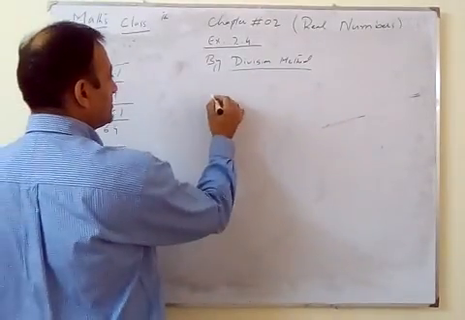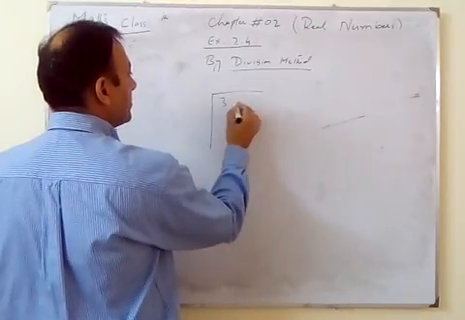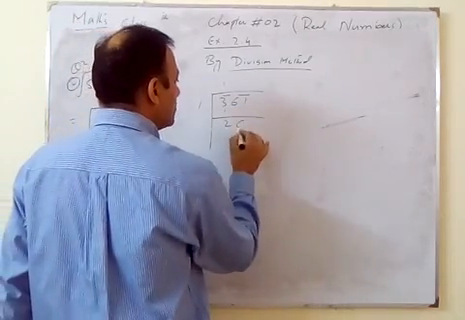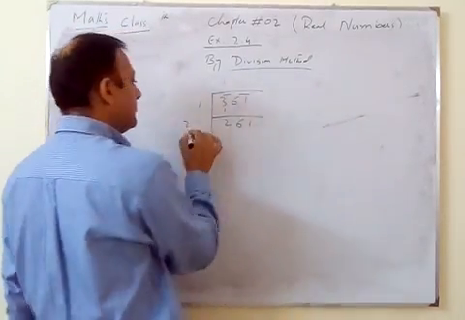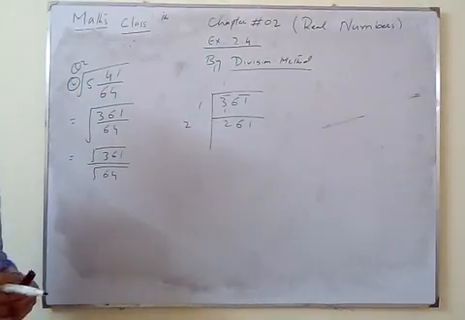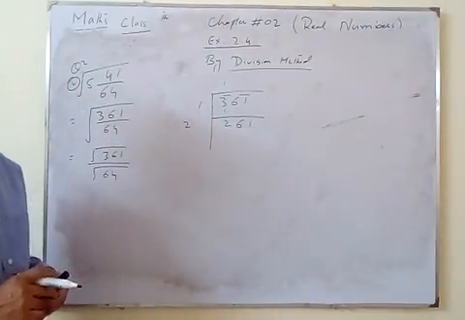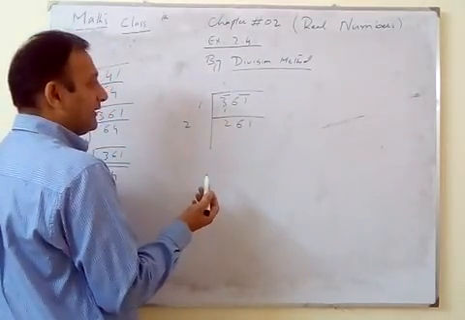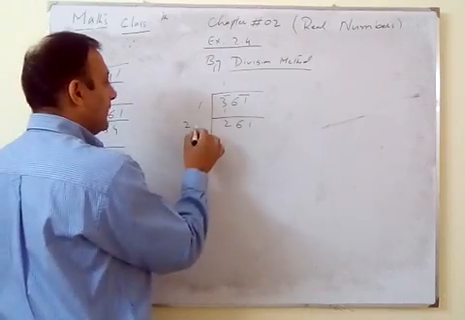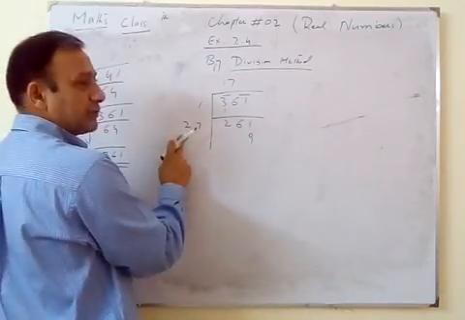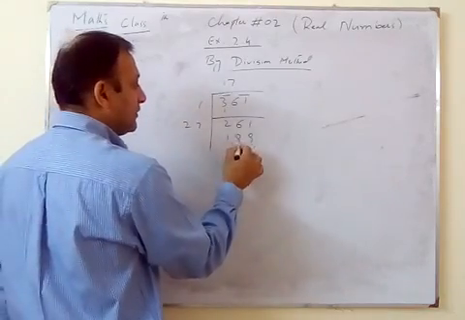Find the square root separately here. 361, make the pairs, 3 and 61. Make it double, 2. So by which value can we get this answer? By 9. We can also check other values if you want, by 7. 7 sevens are 49, 7 twos are 14, 8, so 189.